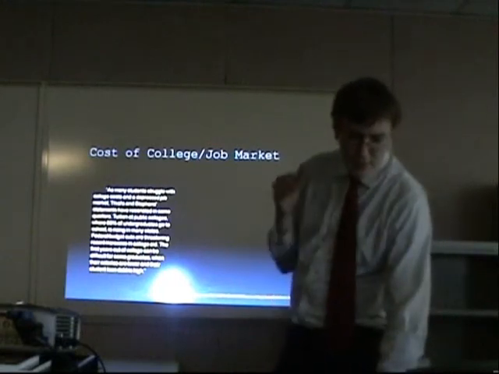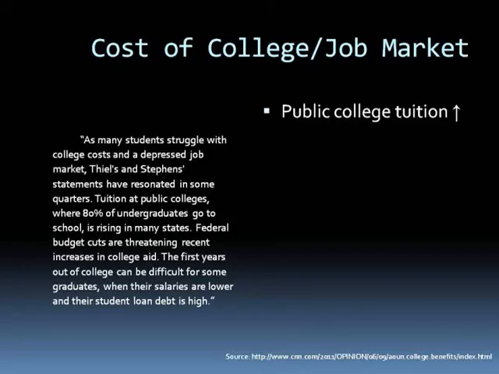So, in your notes, the important points in this paragraph: the cost of public college tuition is going up, or rising. And you don't always have to write things out. You can abbreviate, draw little pictures. I put in an arrow to symbolize rising, that sort of thing. The amount of college aid is going down, financial aid.